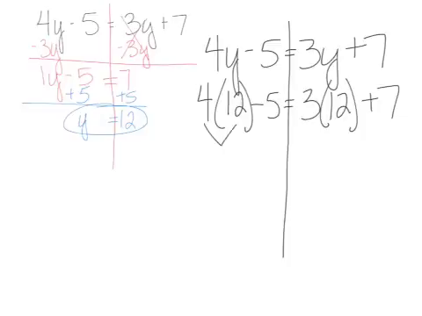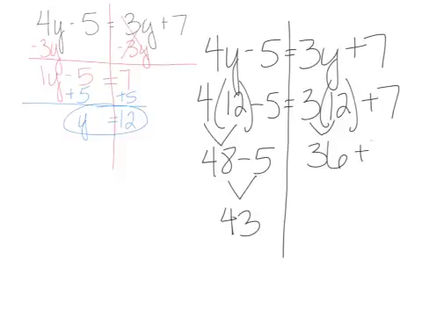So 4 times 12 is 48. 48 minus 5 is 43. 3 times 12 is 36. 36 plus 7 is 43. And because 43 is always equal to 43, we know we are correct.